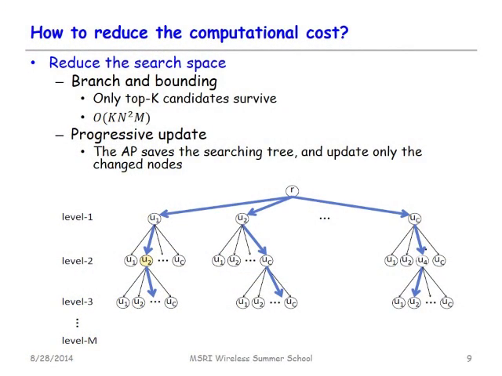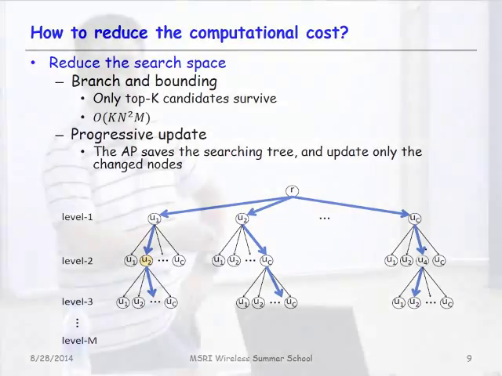After we generate the trees, we do not discard this result. We save that in a database. Then we can do a progressive update. The idea is that you do not need to compute the group every time you transmit a packet. We update this group result, this tree, only when some channel changes. We know that we can consider this channel as a constant during the channel coherence time.